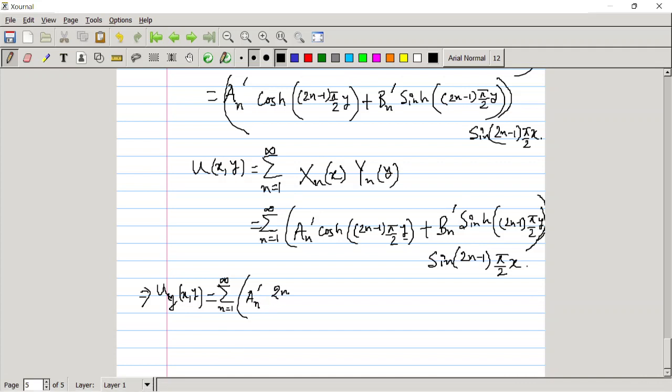So the product will come in front into sine hyperbolic, plus bn dash into the coefficient of y that will come, into sine hyperbolic whose derivative is cos hyperbolic.